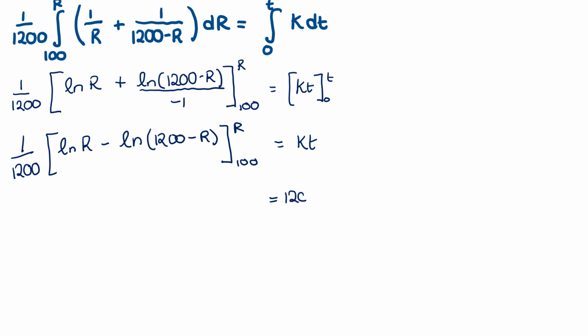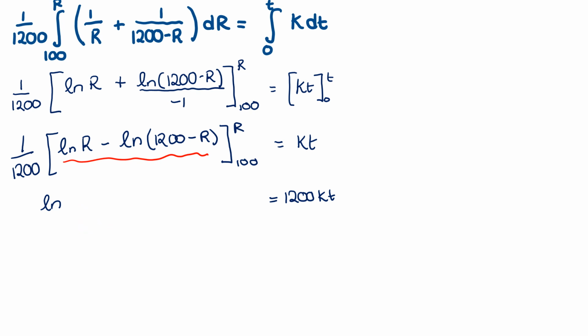So I get 1200 KT. And as well as evaluating, I can tidy this left-hand side up using our laws of logs. So we're subtracting them. So that is ln R divided by 1200 minus R.